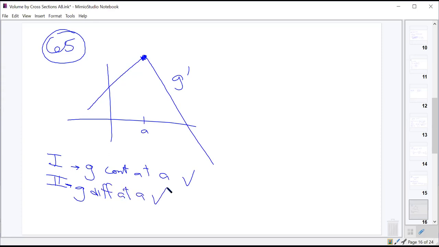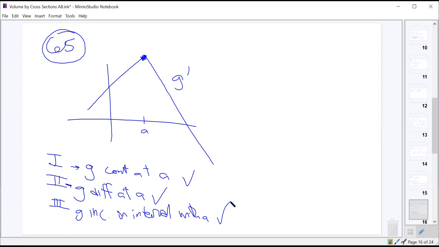And then the third part is G is increasing in an interval containing A, and that's also true because a function is always increasing when its derivative is positive, and it's positive before A and after A. So, yep. It should be all three. It should be choice B for that one.